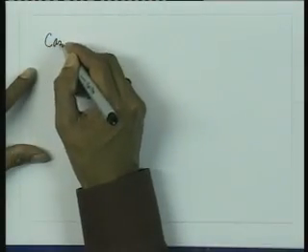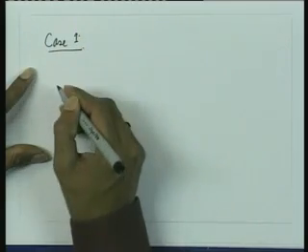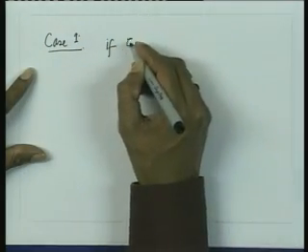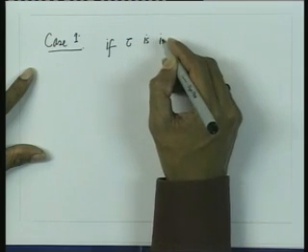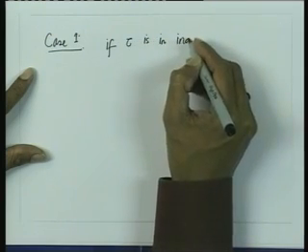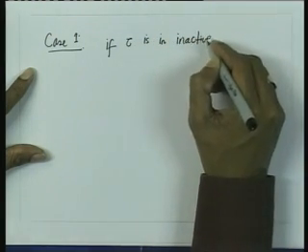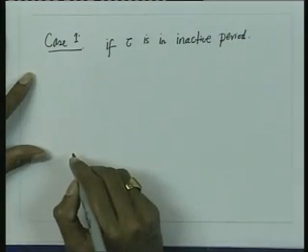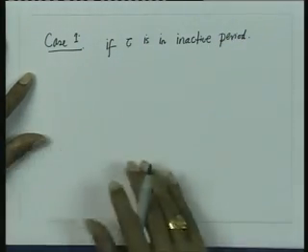Case 1 is if tau is in an inactive period. What we are saying is that tau is the beginning of a busy period, but tau lies in the inactive period, assume.